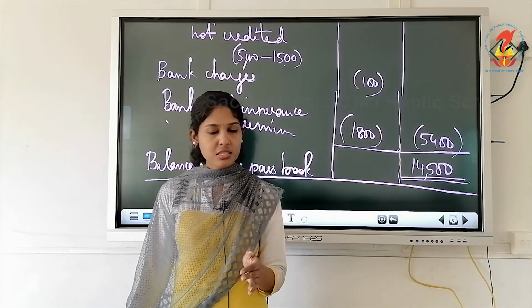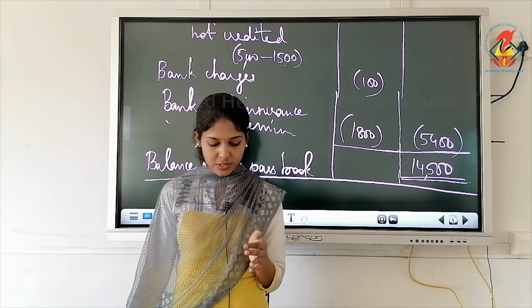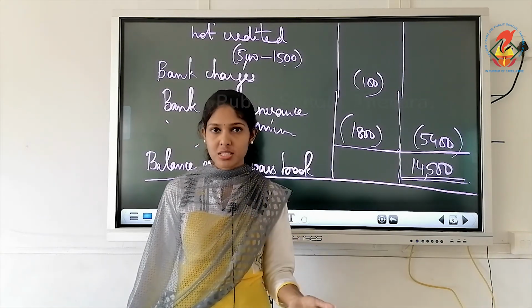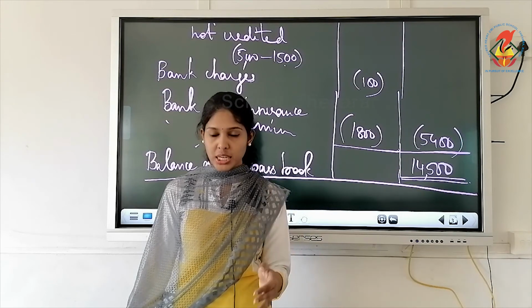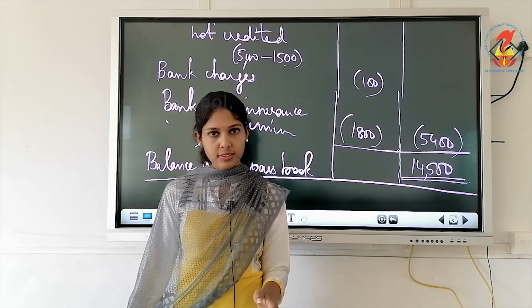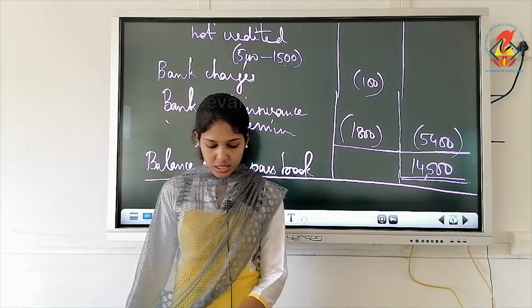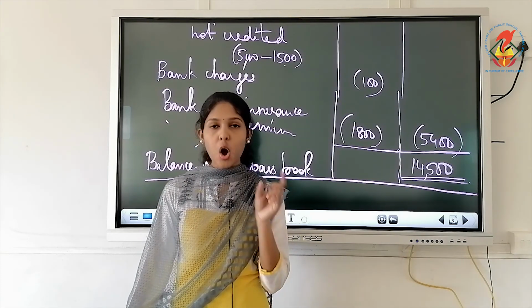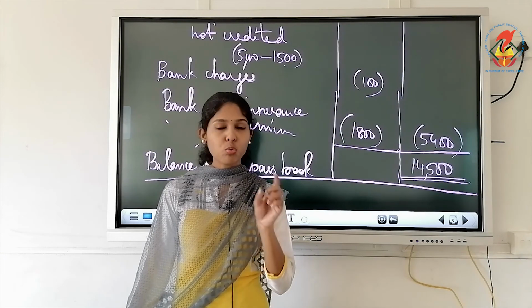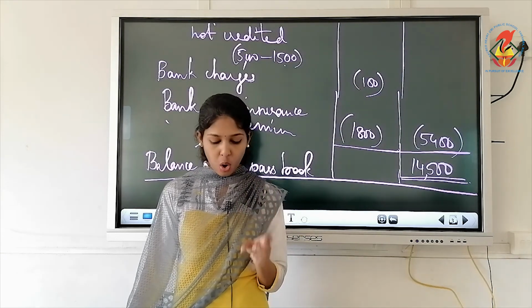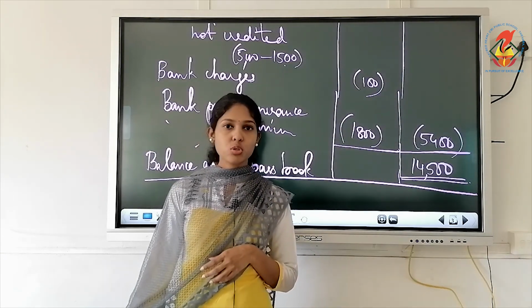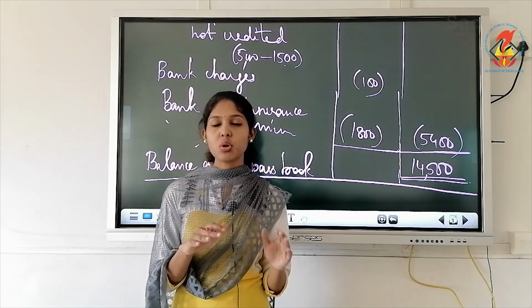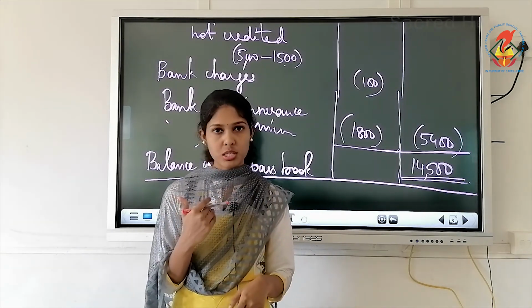The second sentence of the third transaction has the same meaning as the first sentence, that is check deposited, not yet collected or not yet credited. Here it is mentioned that the check was deposited on 30th March but we banked it only on 3rd April. So check deposited, not collected, the same situation there also, we have to less that 3,000 also.